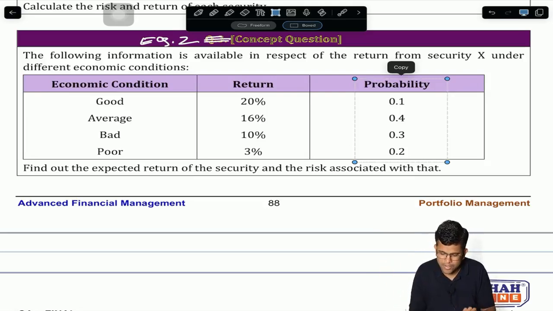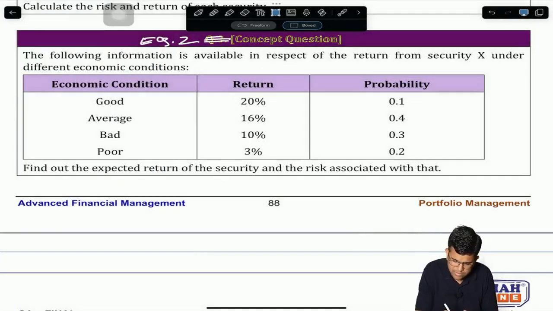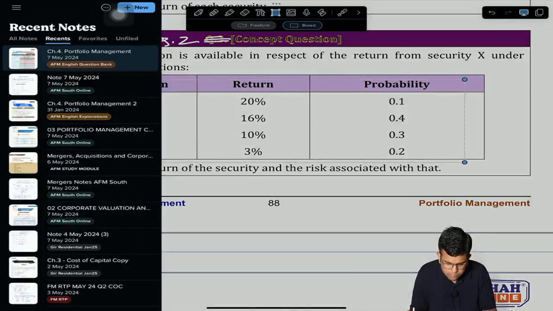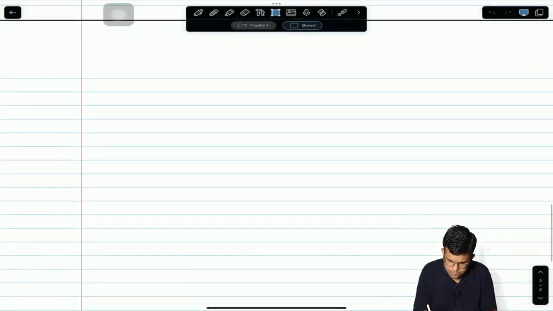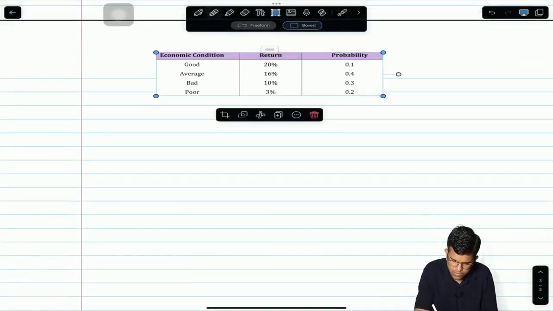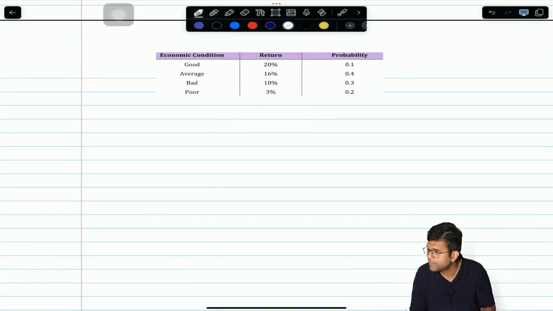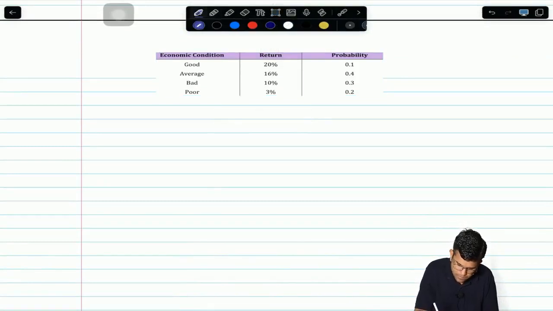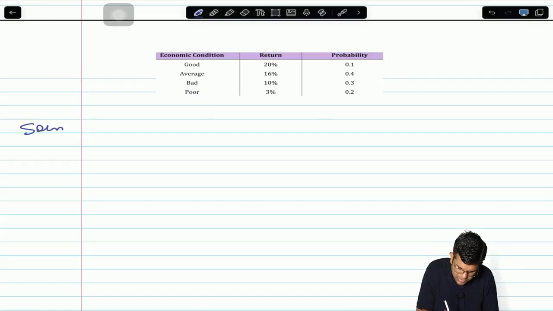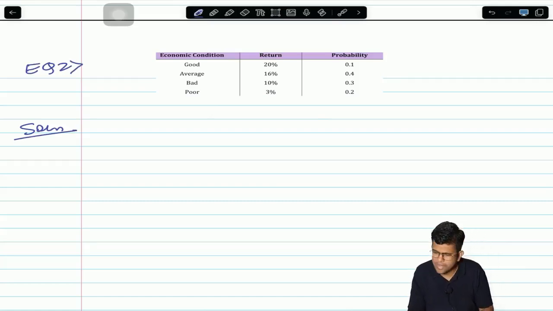Okay. All right. So now I'll write the solution. This is extra question 2. See how I am doing it. I copy it later, okay?